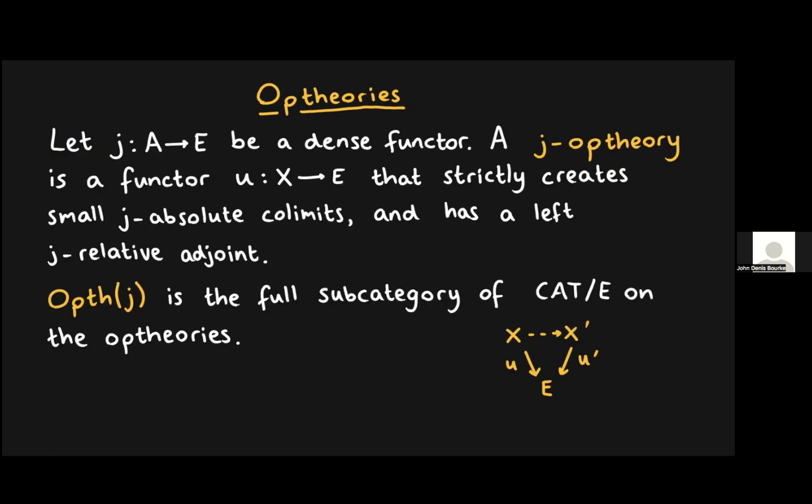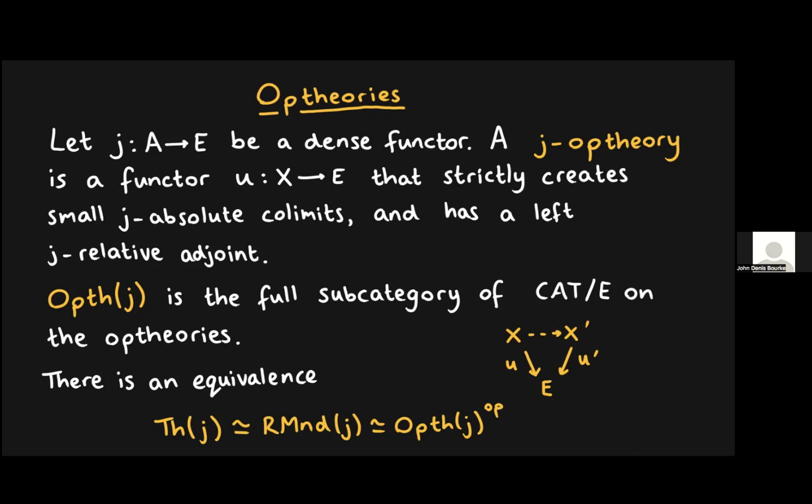And we're going to say the category of J-op theories is the category of these slices into E. So the morphisms are just commutative triangles, like with theories. In this case, using the monadicity theorem, there's an equivalence between the category of J relative monads and the opposite of the category of J-op theories, and hence also the category of J theories.